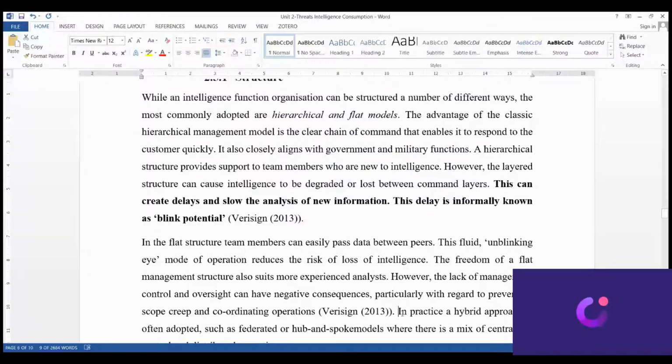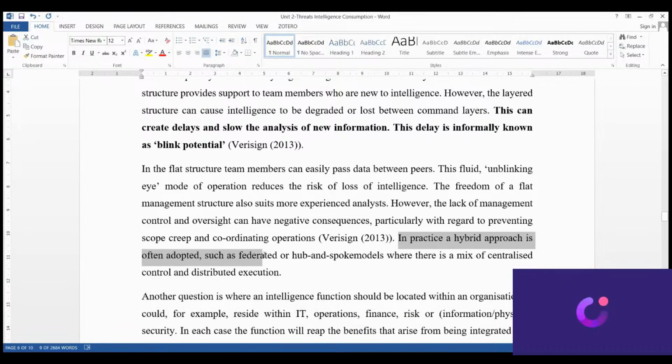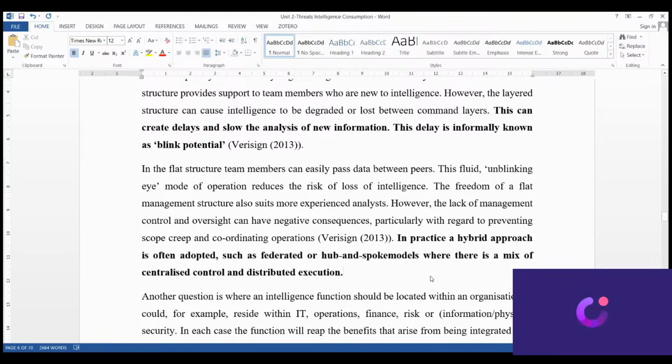So in practice, a hybrid approach is often adopted, such as a federated or hub and spoke model, where there is a mix of centralized control and distributed control.